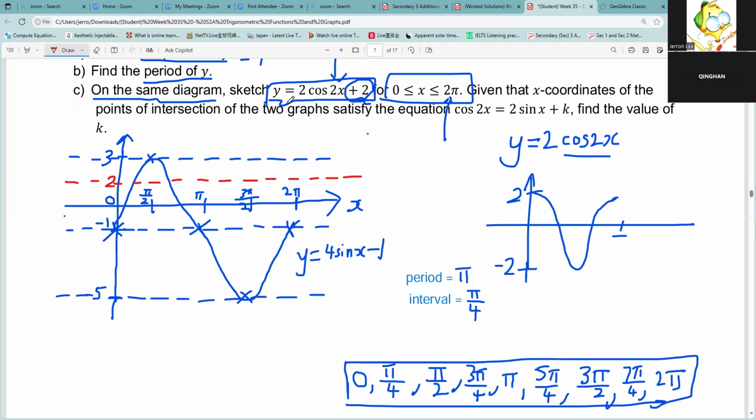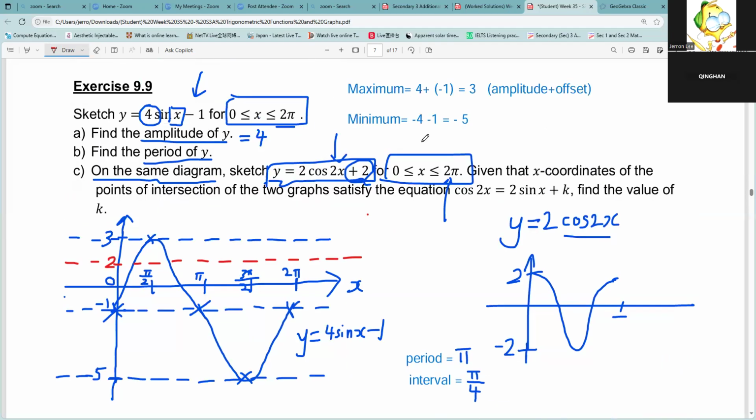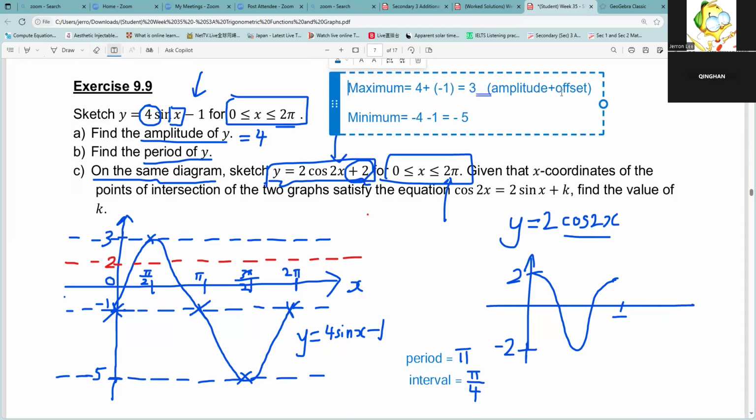Okay, now remember, maximum value is not that difficult. For this one, the maximum value has changed. You can edit yourself. I'm going to change this maximum value. So the maximum for the second graph is going to be 2 plus 2. Okay, so it's going to be 2 plus 2, which is equal to 4. That is the maximum.